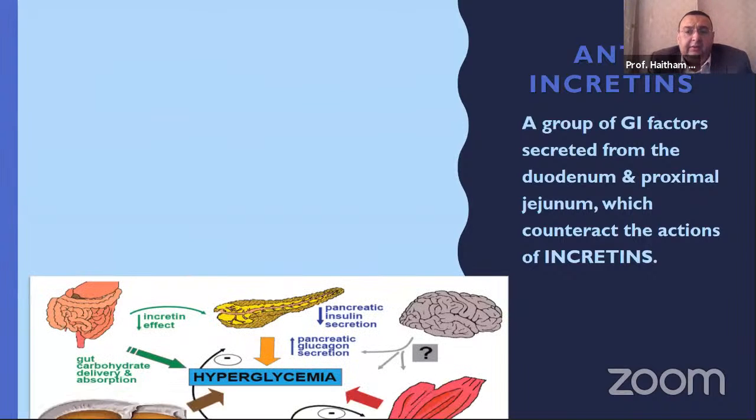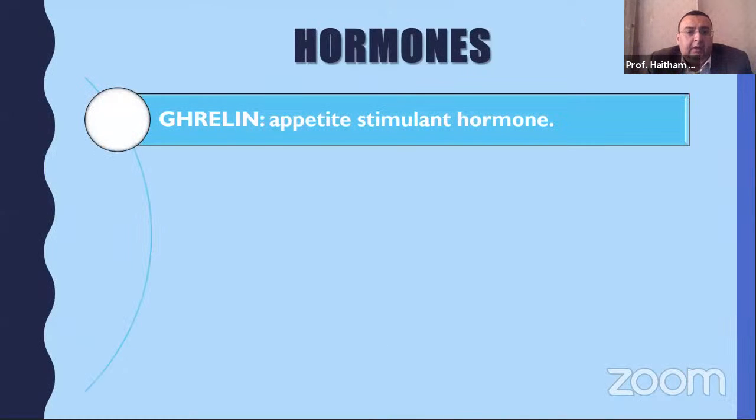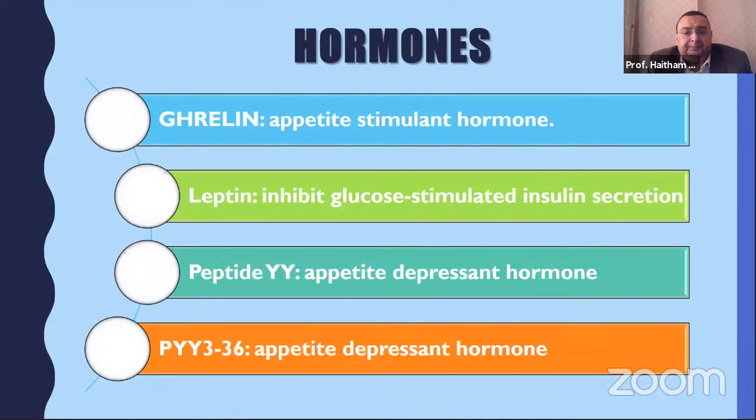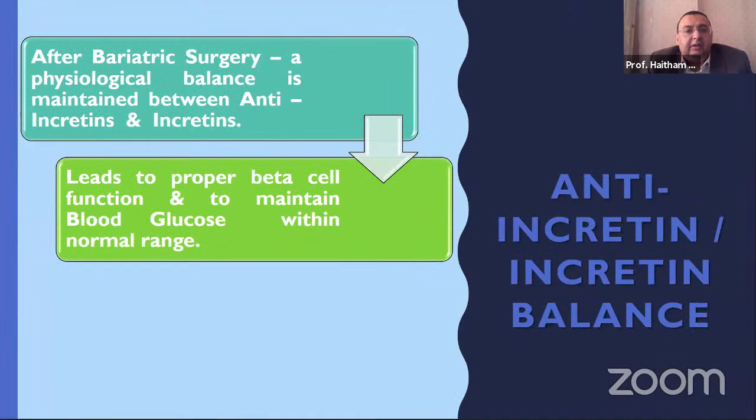The anti-incretin effects: anti-incretins are a group of hormones which are secreted from the duodenum and the proximal jejunum, which will in general counteract the actions of incretins. After bariatric surgery, in every individual, there is an incretin anti-incretin balance.